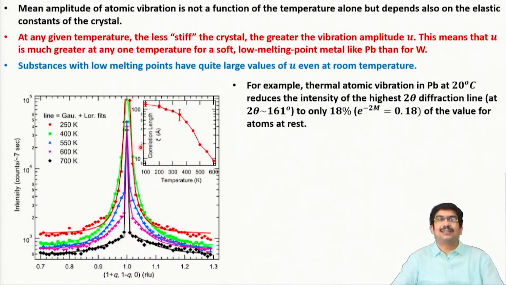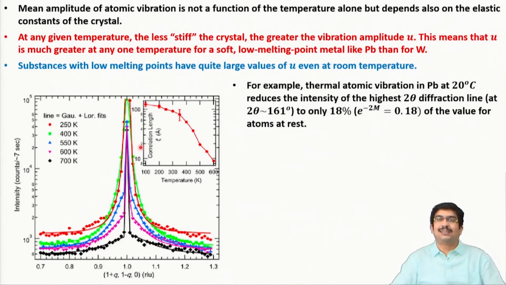The second thing is that this mean amplitude of atomic vibration is not only a function of temperature, but also a function of the bonding characteristics of the material, which is reflected in terms of elastic stiffness or elastic constant of the material. So, we know that elastic constant is basically an intrinsic property, and intrinsic property means it only depends on the bonding characteristics or the interatomic distance between the two atoms.